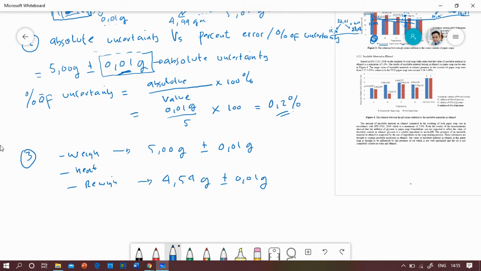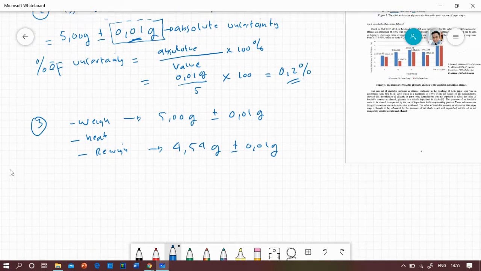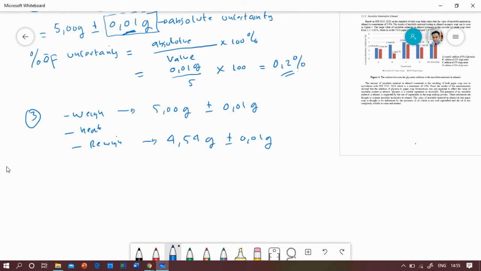And then, for example, you want to find the delta, or the mass change, before and after heating. So the delta mass is the initial mass minus the final mass.